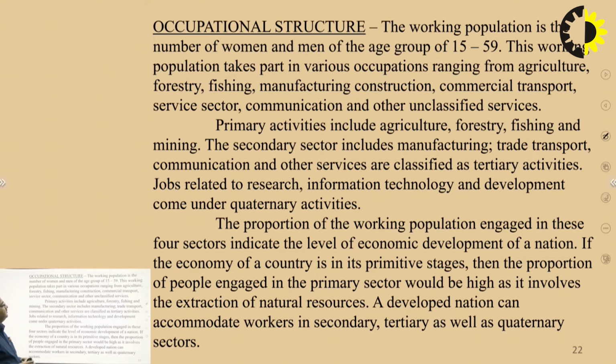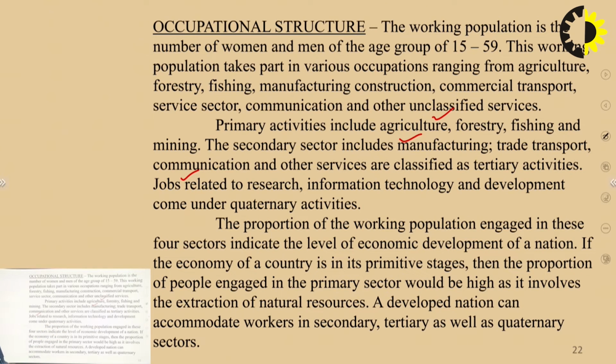Primary activities majorly include agriculture and allied activities. The secondary sector includes manufacturing, trade, transport, etc. The tertiary sector basically includes the service sector. Jobs related to research, information technology, and development come under the tertiary or quaternary activities.